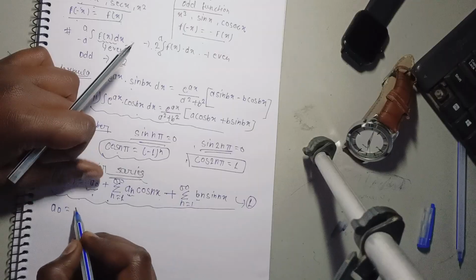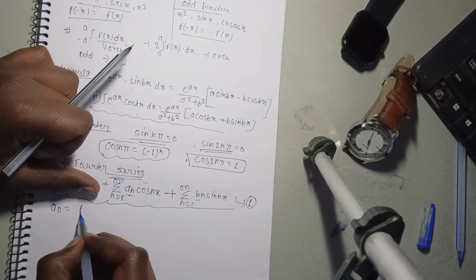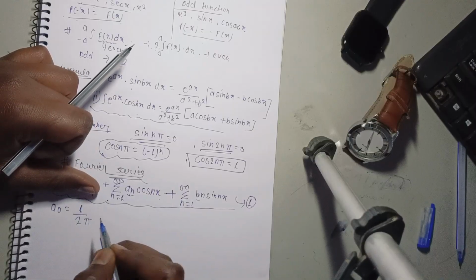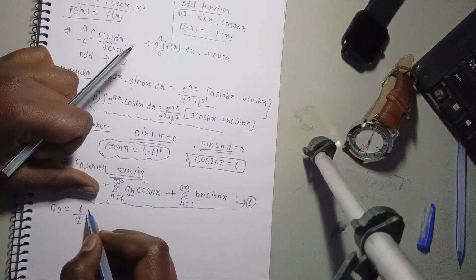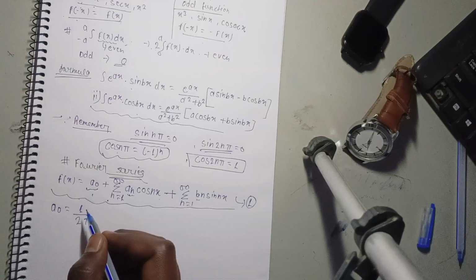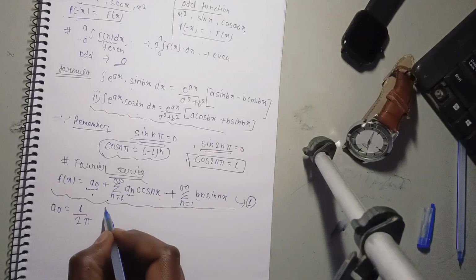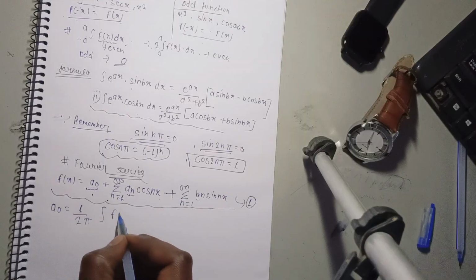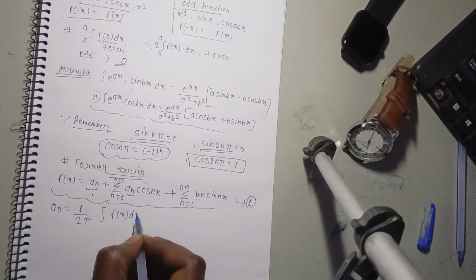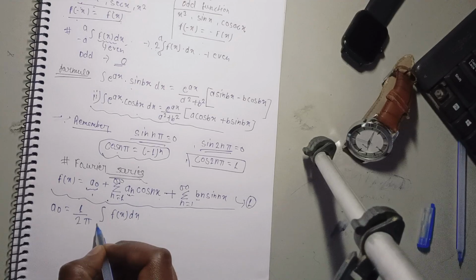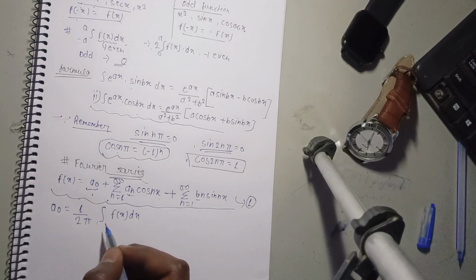So what is the formula of a naught? The a naught formula is 1 upon 2 pi integration of f of x dx. I'm getting confused about the limits here. I think the limit should be 0 to pi. Let me check it.